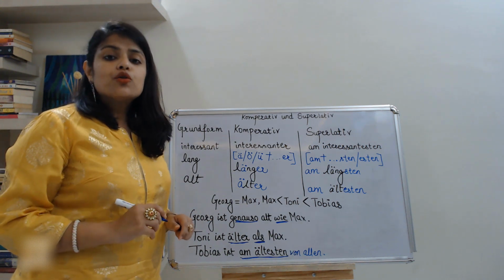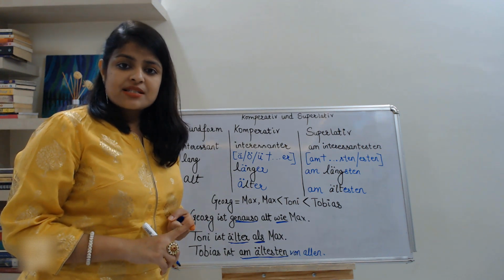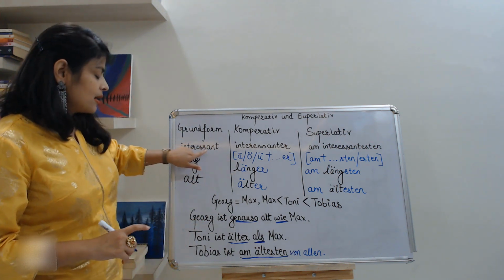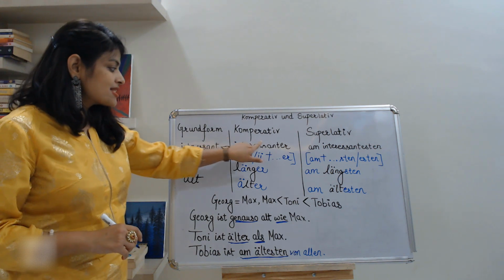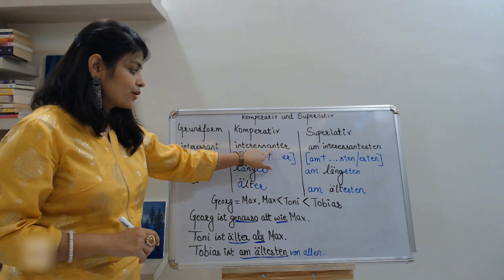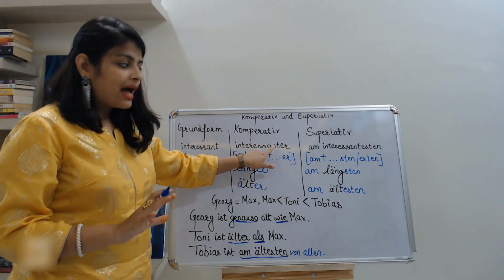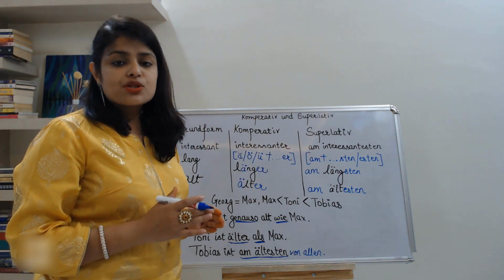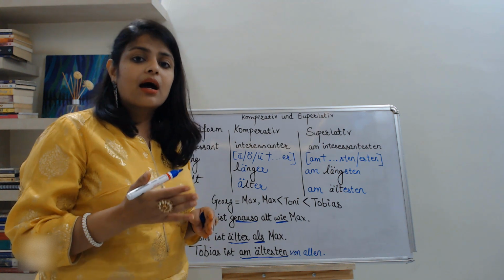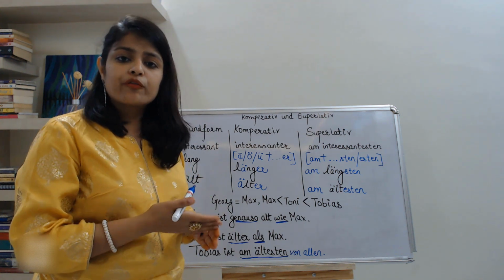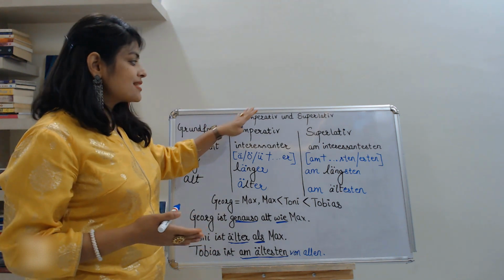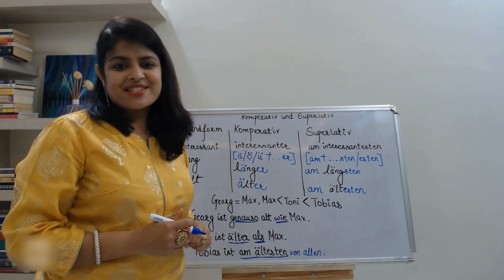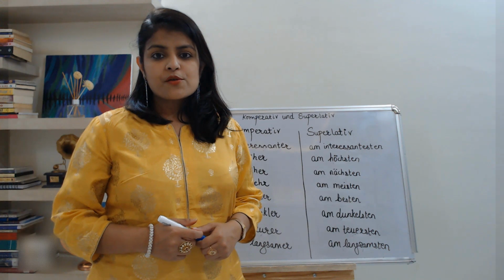But not all the adjectives follow these rules. For example, interessant. So interessant is not taking umlauts over here, as you can see. It is interessanter, and over here as well. So that means there are some exceptional cases, or you can say there are some irregular forms of Komparativ und Superlativ. So sehen wir mal diese unregelmäßigen Formen.